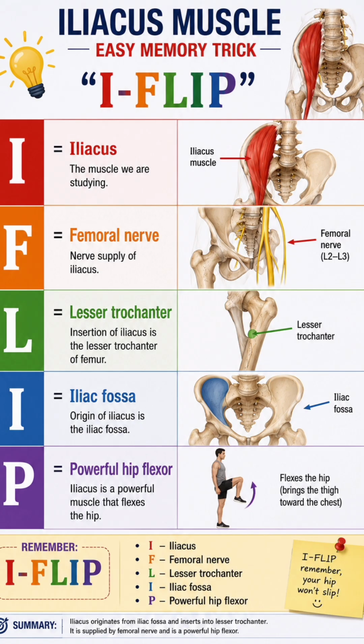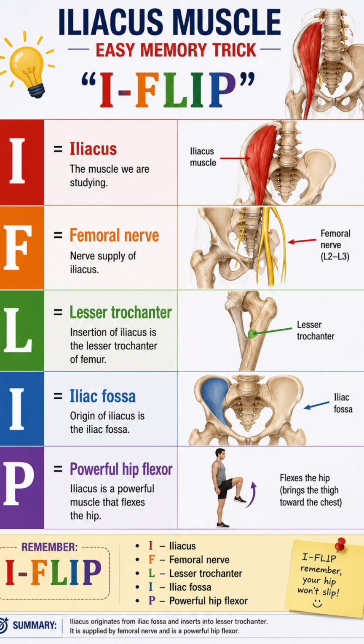So next part is the summary part, that is the mnemonic part, an easy memory trick. The trick is I FLIP. I stands for iliacus, the muscle we are studying right now, and F stands for the femoral nerve, which is the nerve supply for the iliacus, and L is the lesser trochanter.